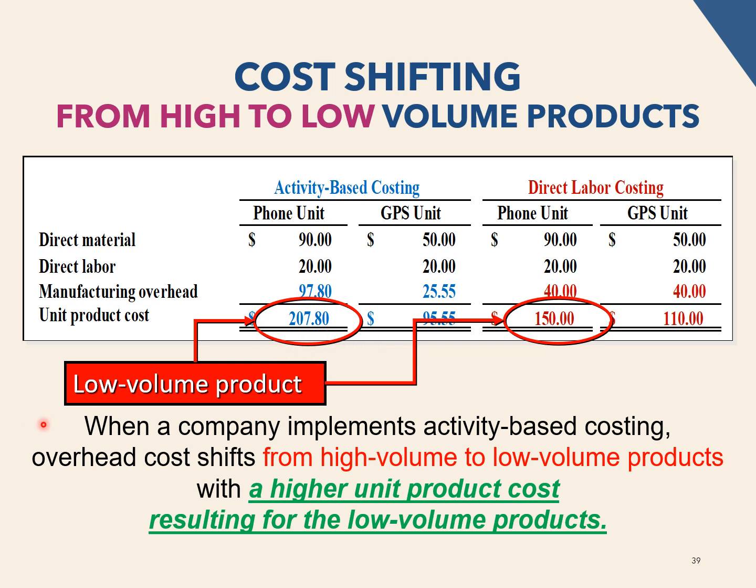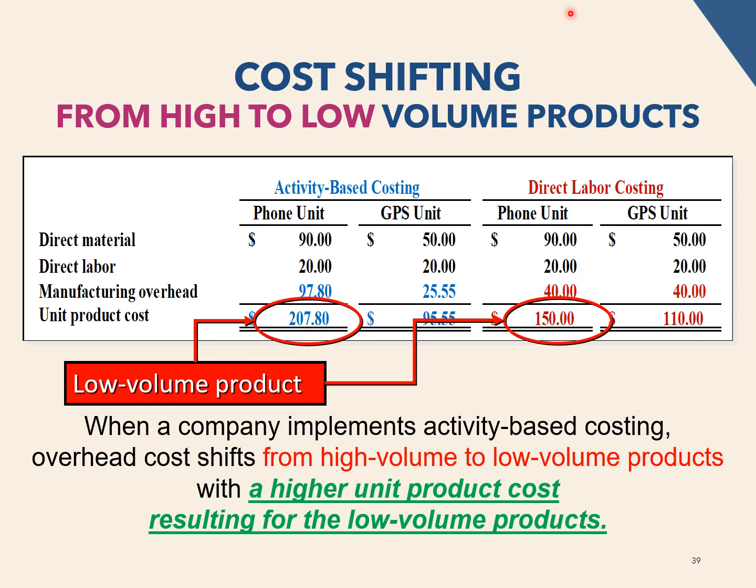When a company implements activity-based costing, overhead cost shifts from high volume to low volume products, with a higher unit product cost resulting for the low volume products from here to here. We can see that the unit cost for the phone increased from 150 to 207.8 here to here.